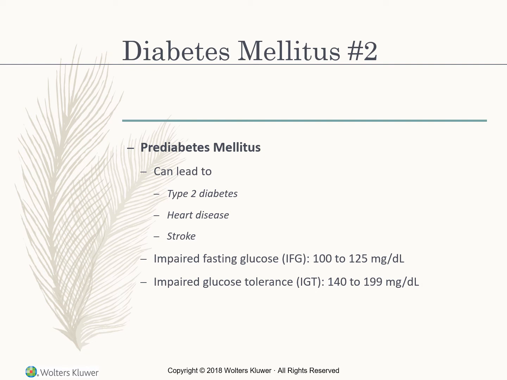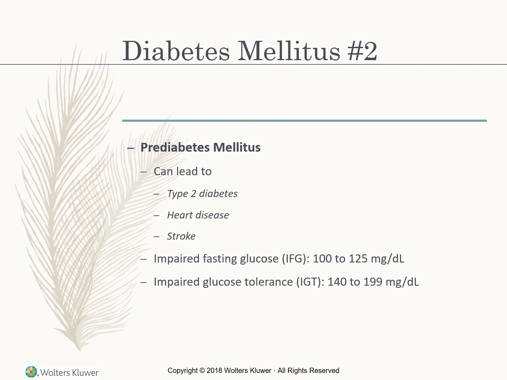So people with prediabetes are generally overweight or obese. They have risk factors for diabetes and may have one or more abnormal blood glucose levels, such as their hemoglobin A1C, fasting blood glucose, or oral glucose tolerance, or all three.